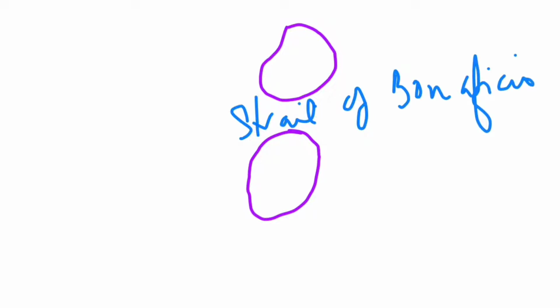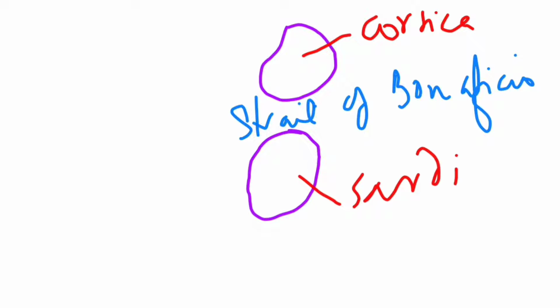Okay, let's understand it here. These are two smaller land masses, like islands, and between the two we have the Strait of Bonifacio, and this is separating Corsica and Sardinia.